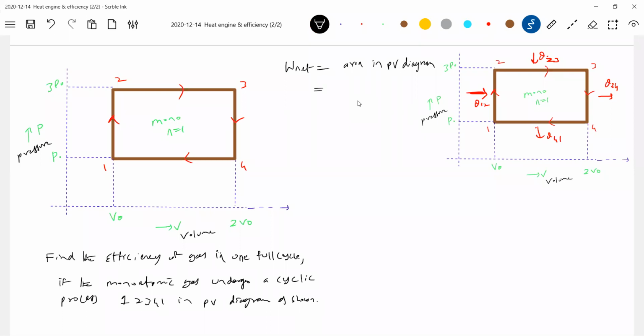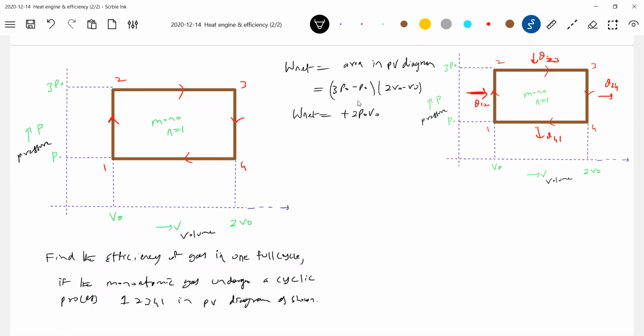What is the area? This will be 3P naught minus P naught, times 2V naught minus V naught, so 2P naught V naught. This is the net work done by the gas in one full cycle.